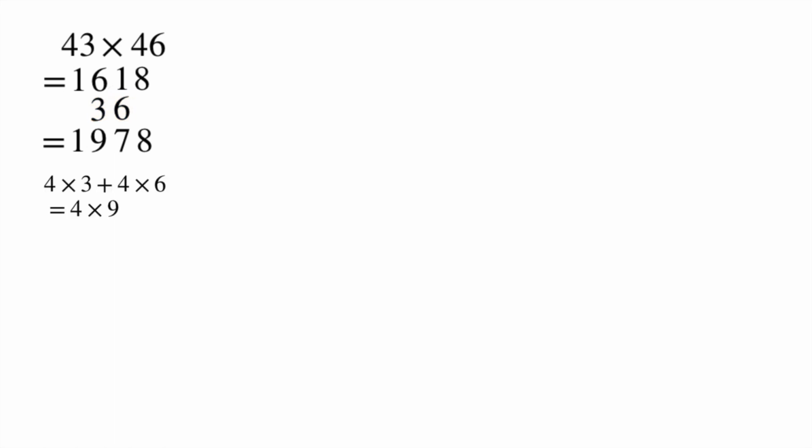Knowing this, 4 times 4, common tens place times 1's place is sum, 4 times 9. This is the common times the sum.